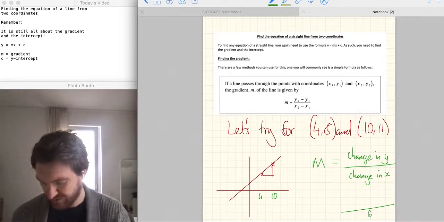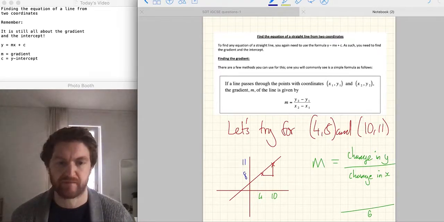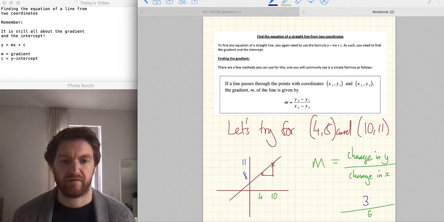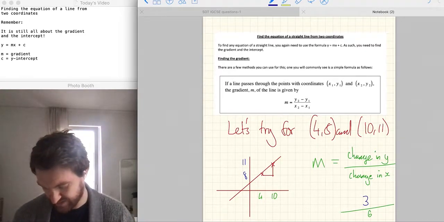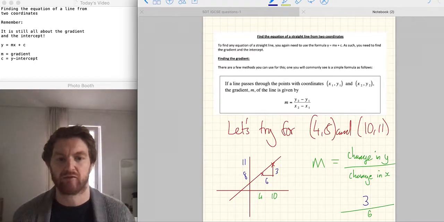When we look at the y-axis, it started at 8 and goes to 11, so it's changed by 3. So 6 and 3: we're recreating that triangle without drawing the sketch.